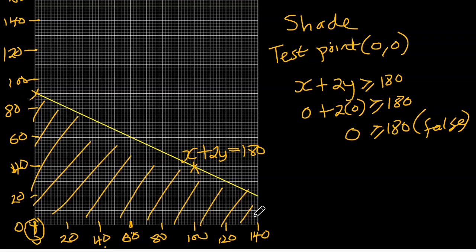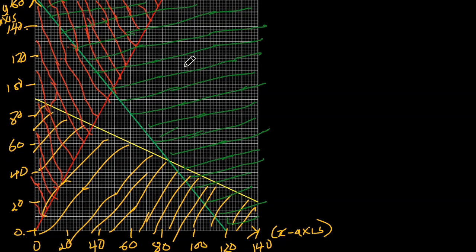Now, after drawing our lines, we can identify them. This red one is y equals 2x. This yellow one that we drew initially is x plus 2y equals 180, and this green one is 4x plus 3y equals 480.